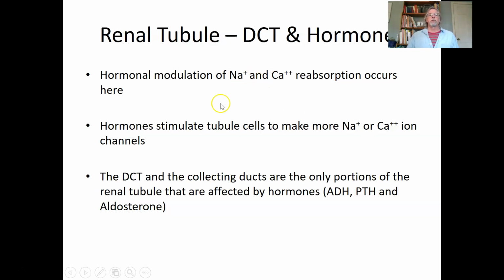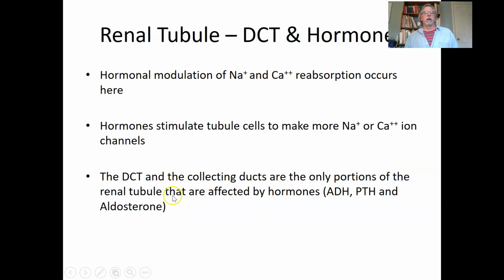And how they work is on these cells in the wall of the distal convoluted tubule and also the collecting duct. These hormones stimulate these cells to make more ion channels or water transporters. And because of that, these cells can reclaim more ions or more water to the body instead of letting it pass into the urine.